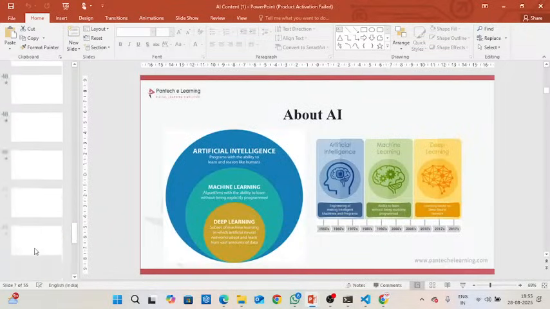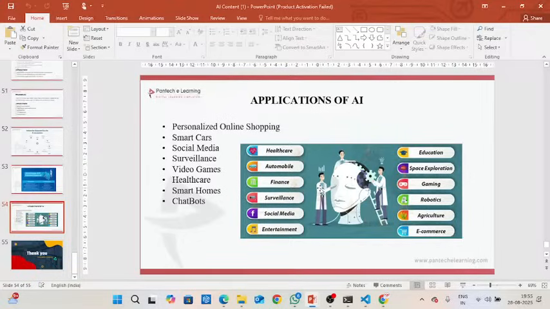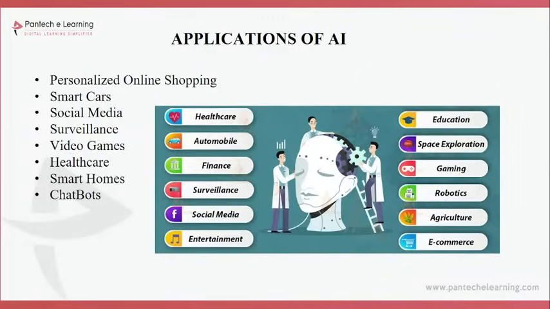Now we will see some applications of AI. In these applications we are using AI nowadays. These are the most popular applications. In healthcare we are using AI, like predicting a disease, which is helpful. Then appointment booking.